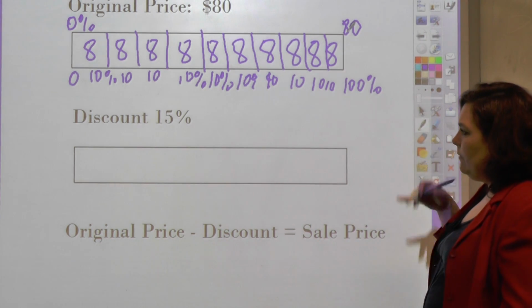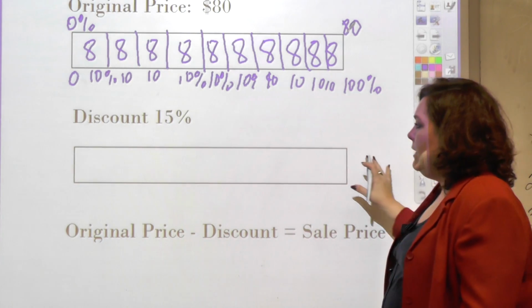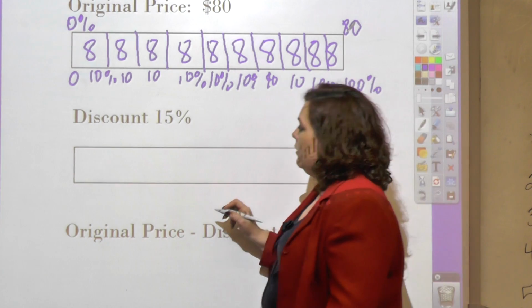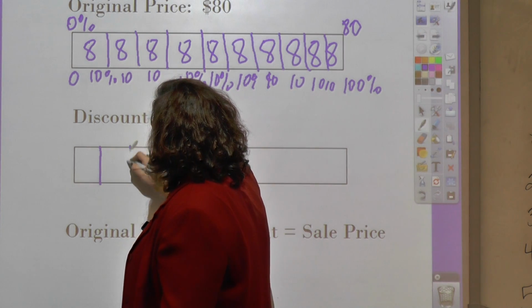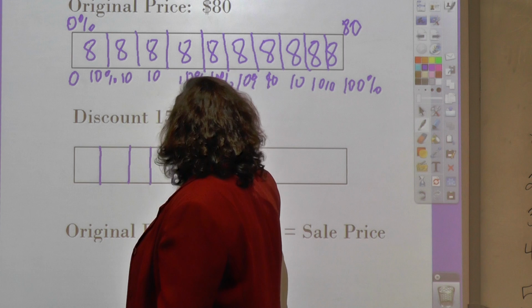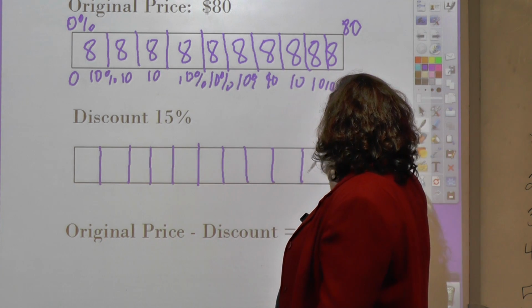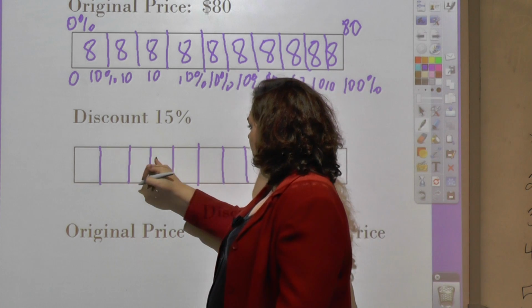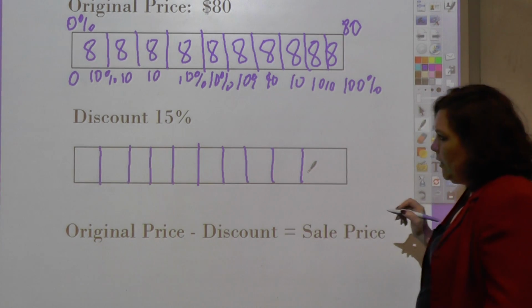Now, if I were to rewrite this, okay, that's how I get my bar, my original bar, but I need 15% discount. So I'm going to separate my bar again, 2, 3, 4, 5, 6, 7, 8. Again, not very even, but that's 10 parts.